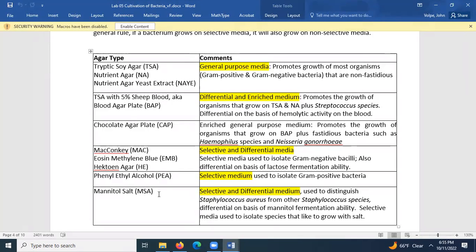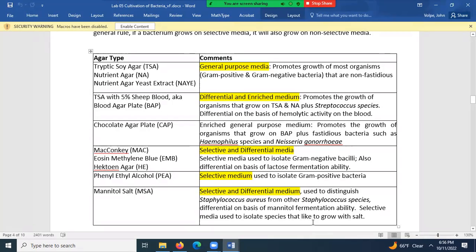It's also differential, in that if the bacteria can grow on mannitol salt agar, then we can look to see if it can ferment the sugar mannitol. If it ferments the sugar mannitol, it'll produce an acid. You don't need to know that yet, but that'll change the pH to yellow.